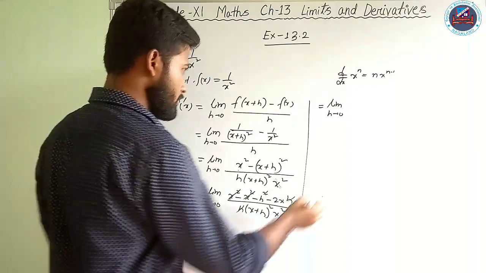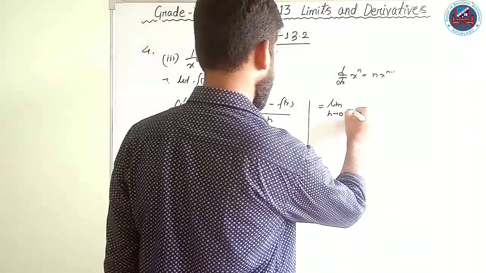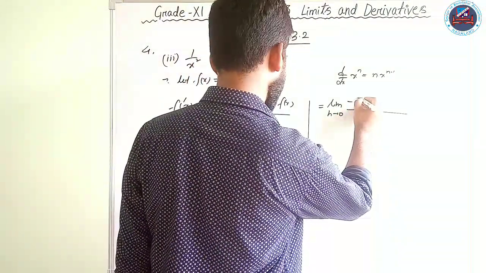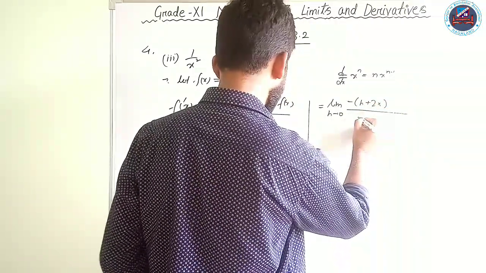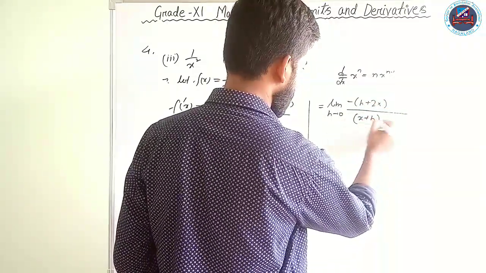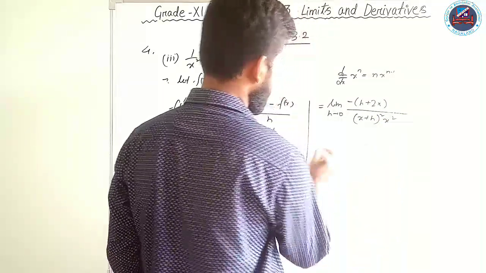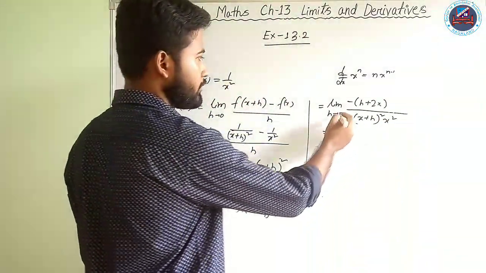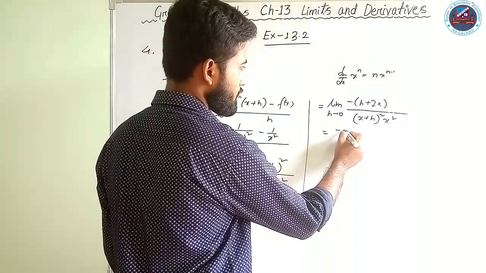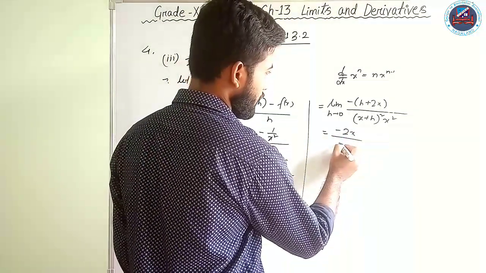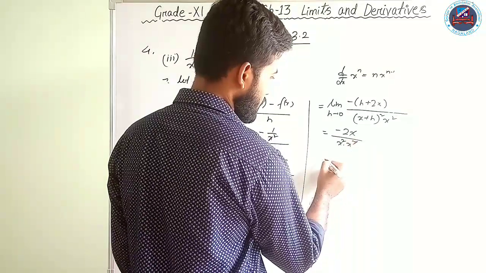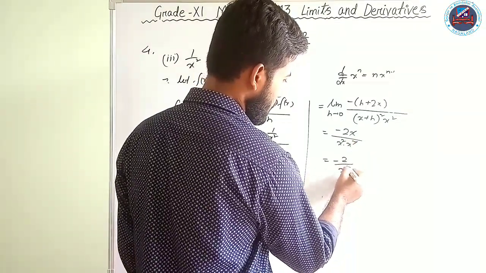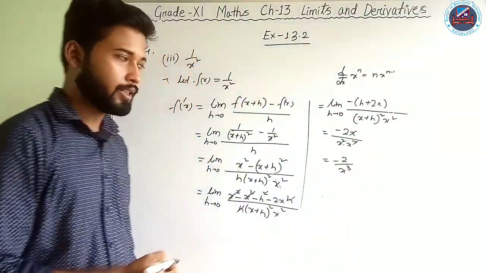If we simplify it more, taking the negative common, (h + 2x), and below we have (x+h) whole square into x square. I can apply the limit, so it will be minus twice x divided by x square into x square. I can cancel out 1 x, so this will be minus 2 by x cube. Okay, so that is the answer.